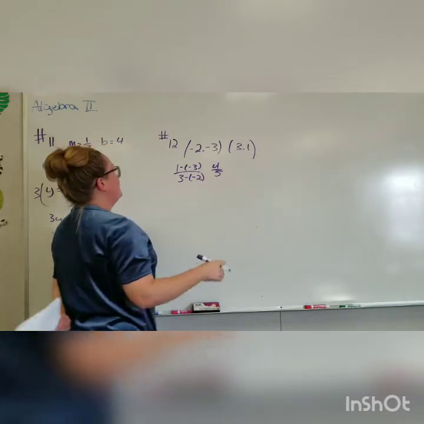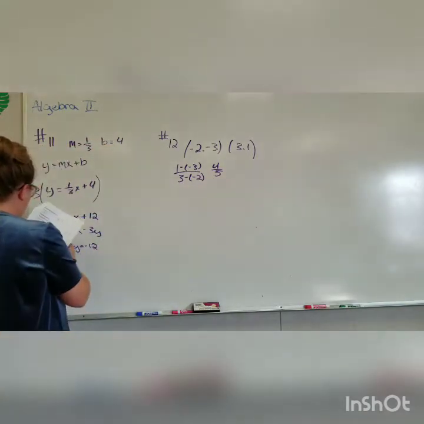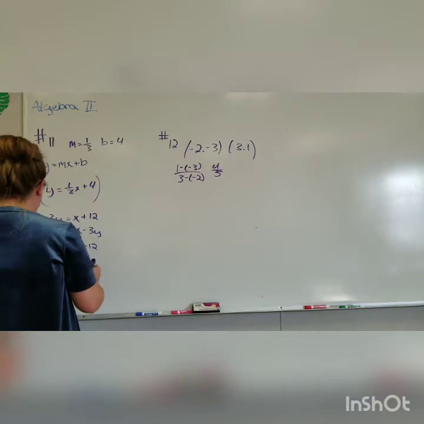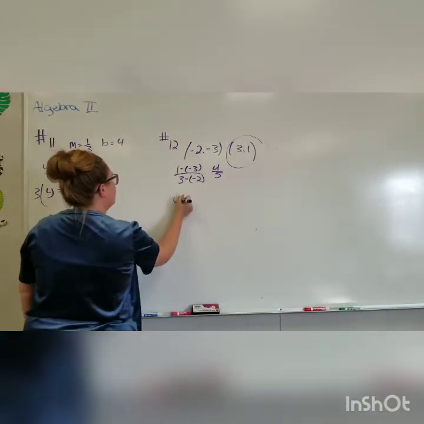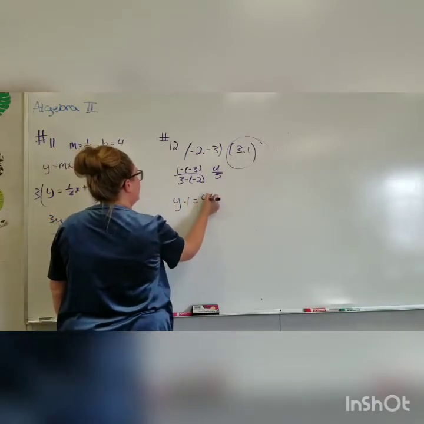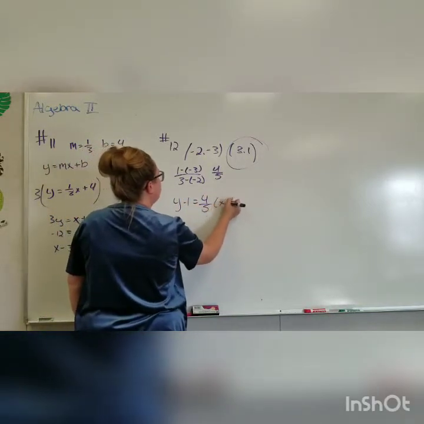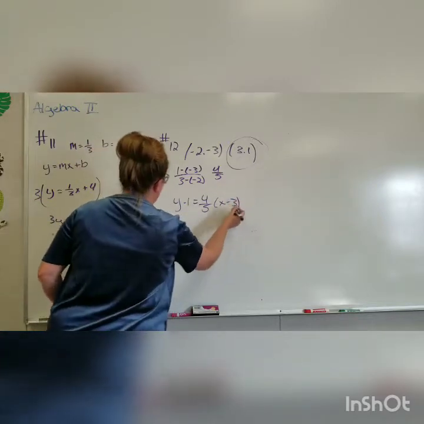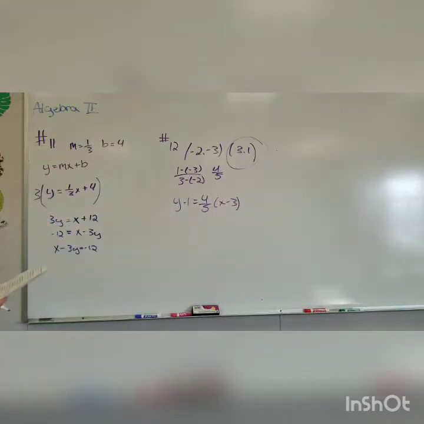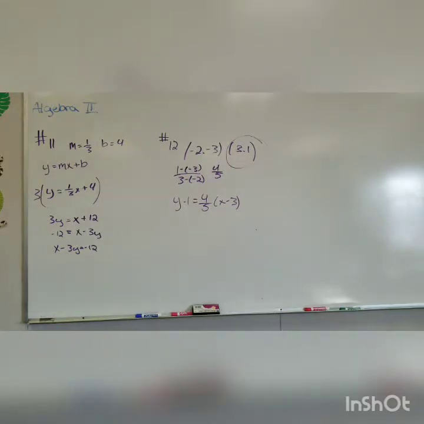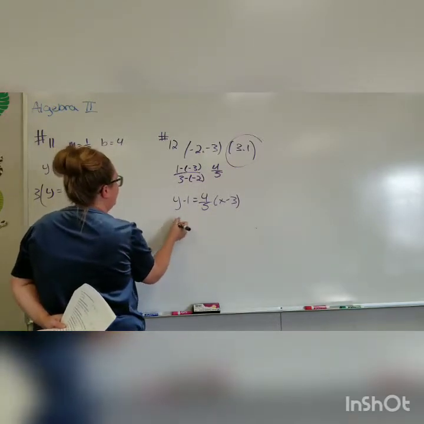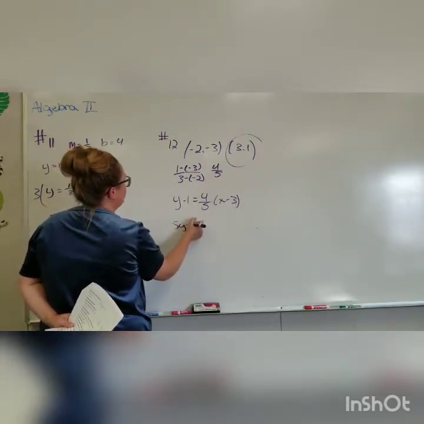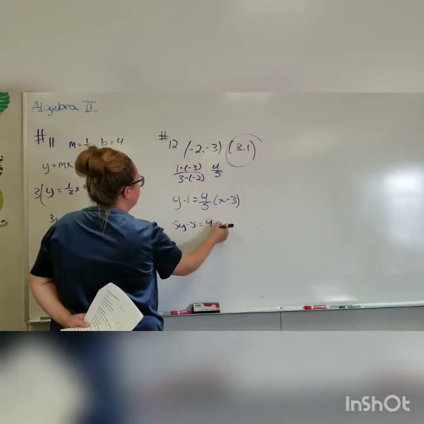And then I can pick either of these points to work with. I'm going to choose 3, 1. All right, so y minus the y point, which is 1, equals 4 over 5 times x minus 3. All right, with your fractional slope, you're going to move 5 to this side and multiply it by y minus 1. That will give you 5y minus 5 equals 4x minus 12.